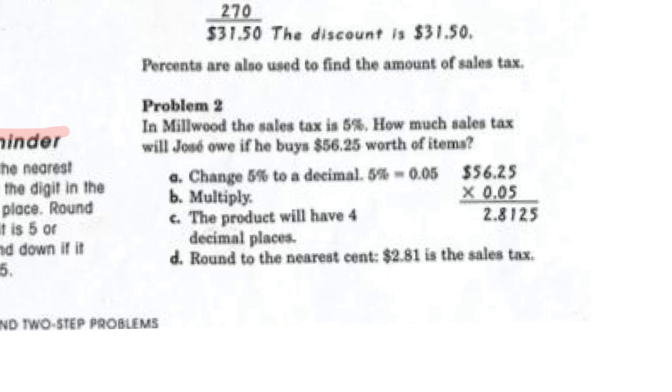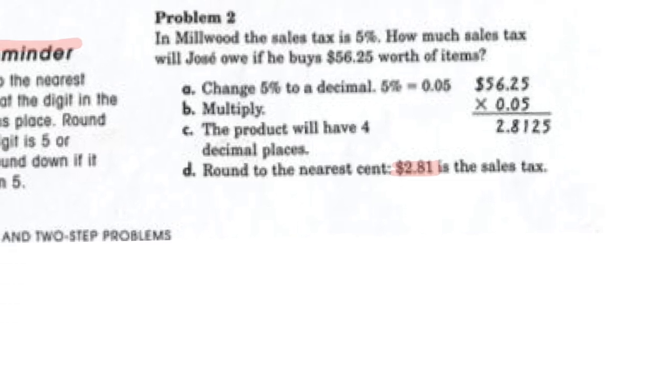You take the cost times the sales tax as a decimal, and you get this. It says the product will have 4 decimal places, but when you deal with money, you only have 2 decimal places. So in terms of money, it rounds to $2.81.